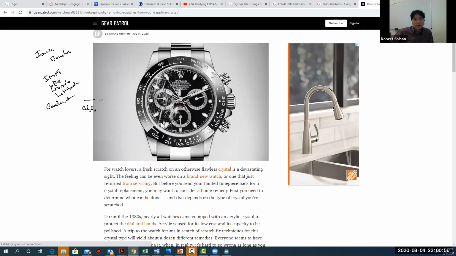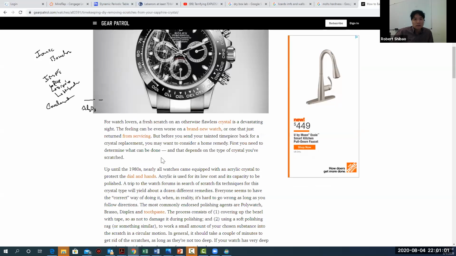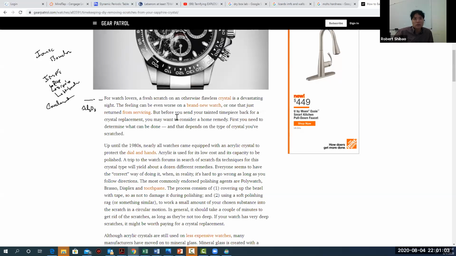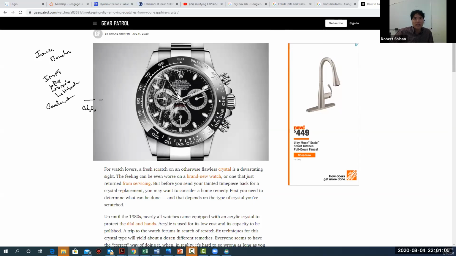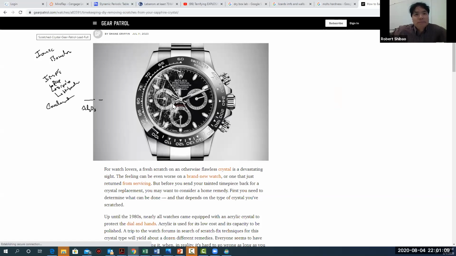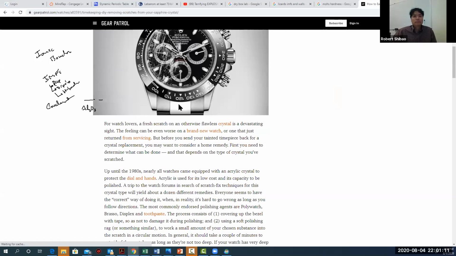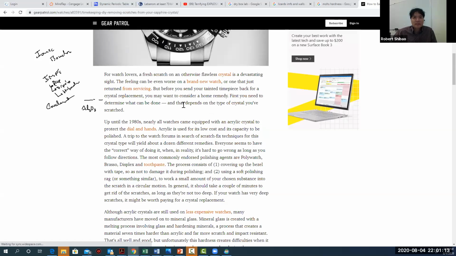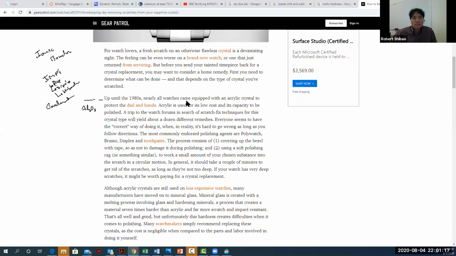I wonder what scratched that. It's got to be diamond that scratched that. It's like if you try to scratch that with quartz or sand, sand is mostly quartz. Less expensive watches are manufactured with mineral glass.